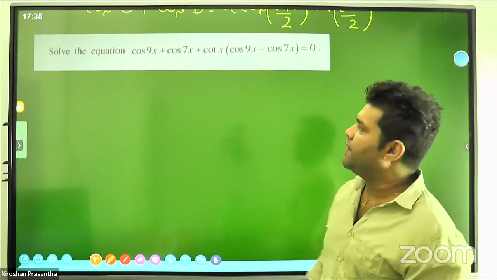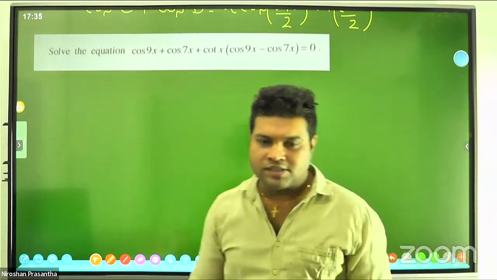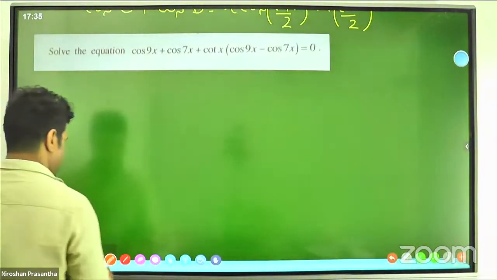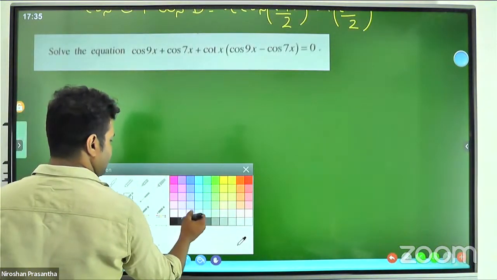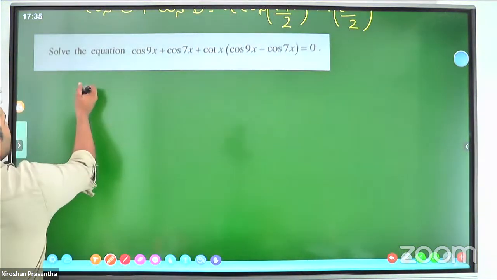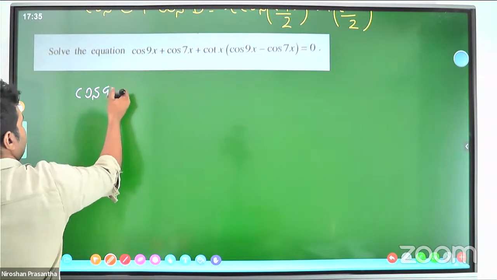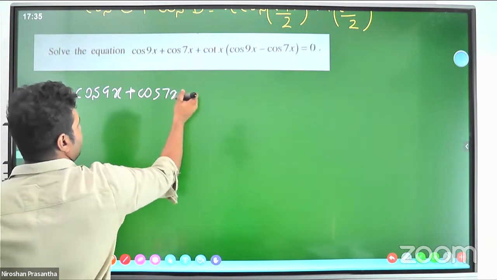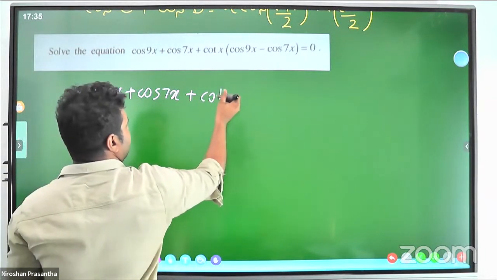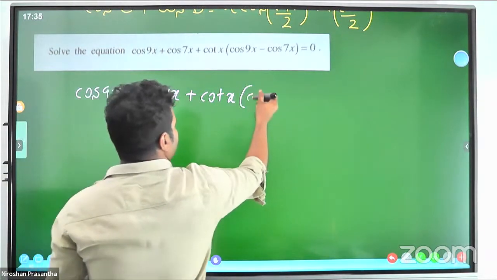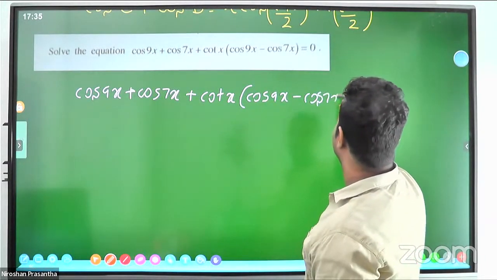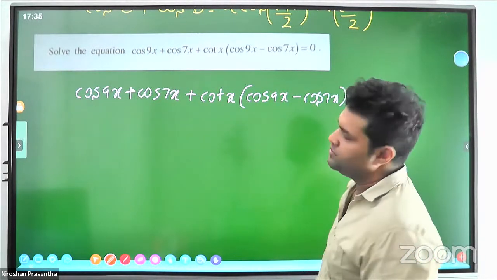So the equation is cos 9x plus cot x times cos 7x... cos 9x plus cos 7x plus cot x times (cos 9x minus cos 7x) equals 0.